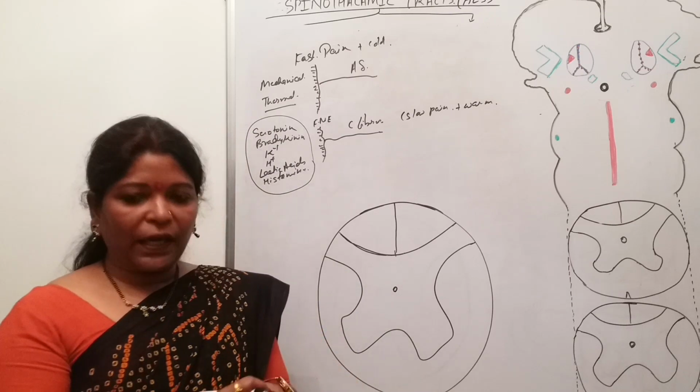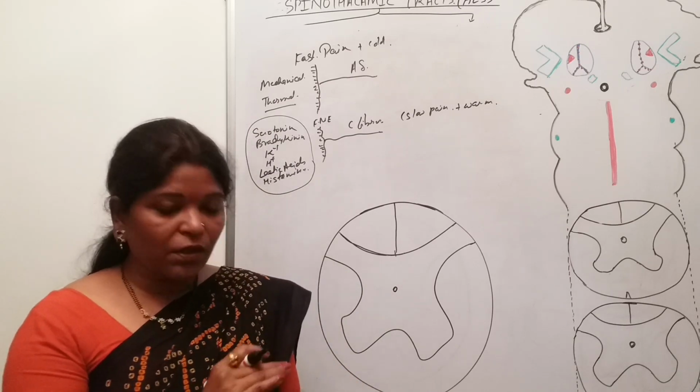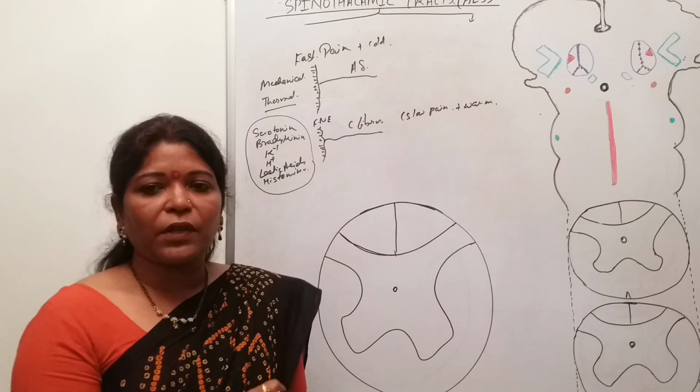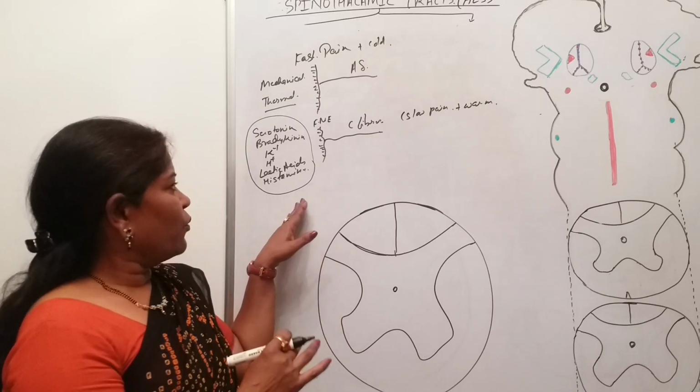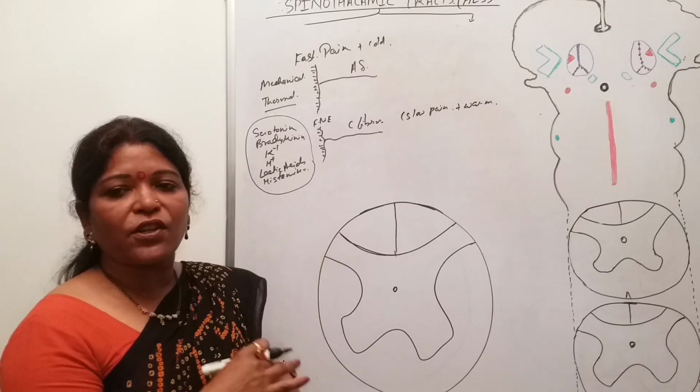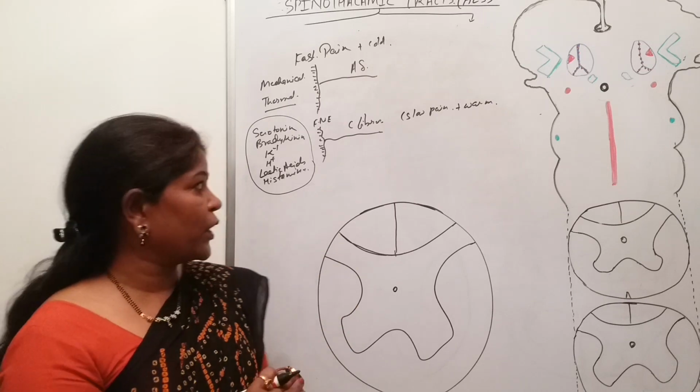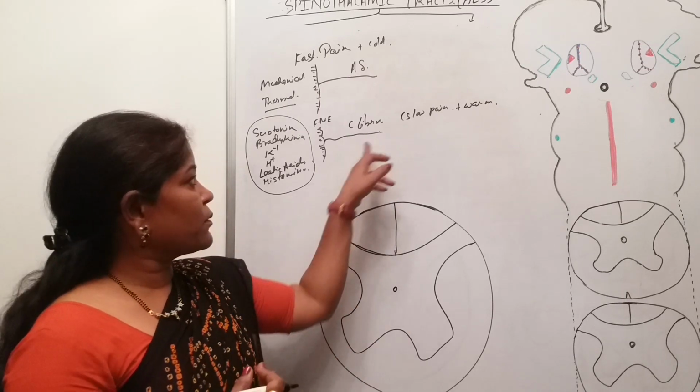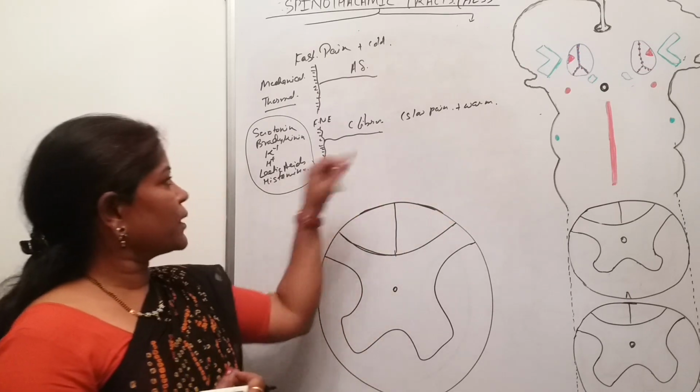Suppose the dorsum of the palm is injured and there is inflammation, so inflammatory mediator substances are liberated here. So what is the additional feature at this part of our body which is eliciting the pain? That is the slow pain fibers, the C fibers.